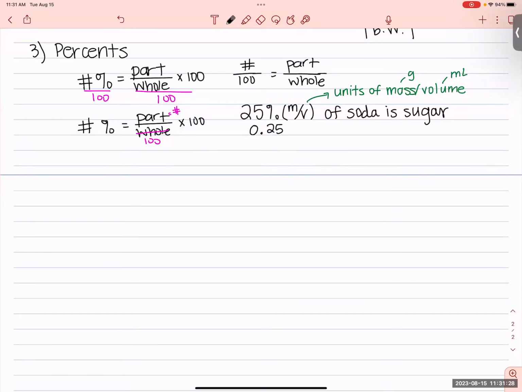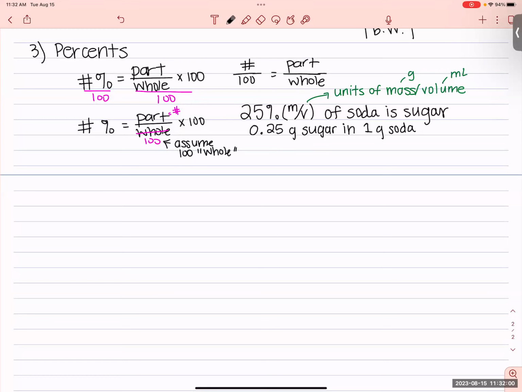So I can say 0.25 grams of the sugar in 1 gram of soda. However, I think it's better to just keep the number 25 and assume 100 of whatever your whole is.